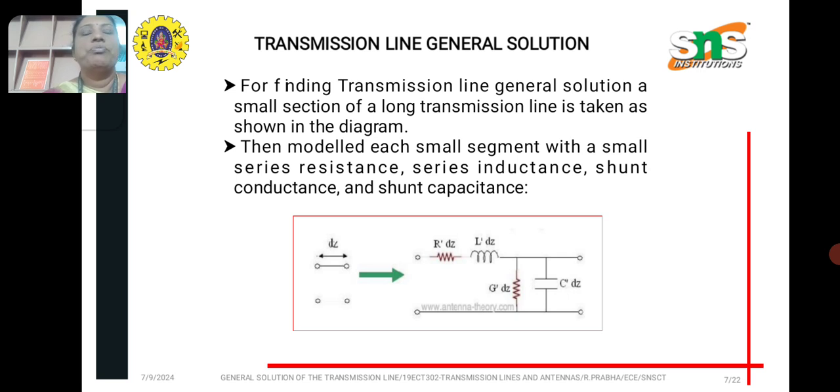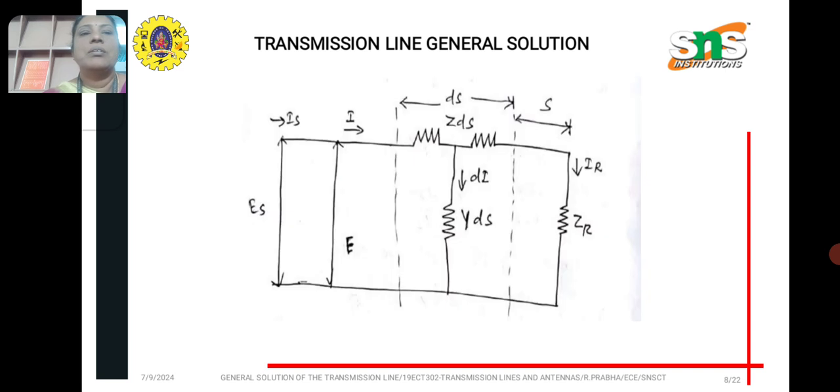So in order to find the general solution of the transmission line, a small segment is taken from the entire line, with series resistance and series inductance, shunt conductance and shunt capacitance. And this is the equivalent diagram. We have the series impedance Z ds ohms, and the shunt admittance of this elemental section is Y ds.